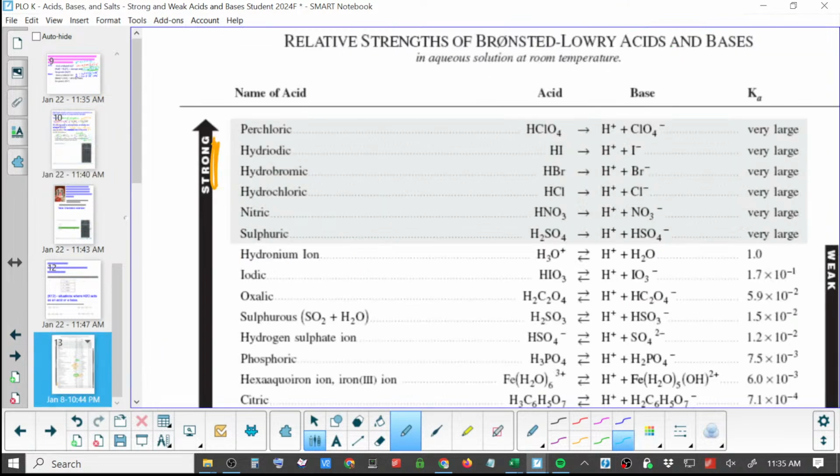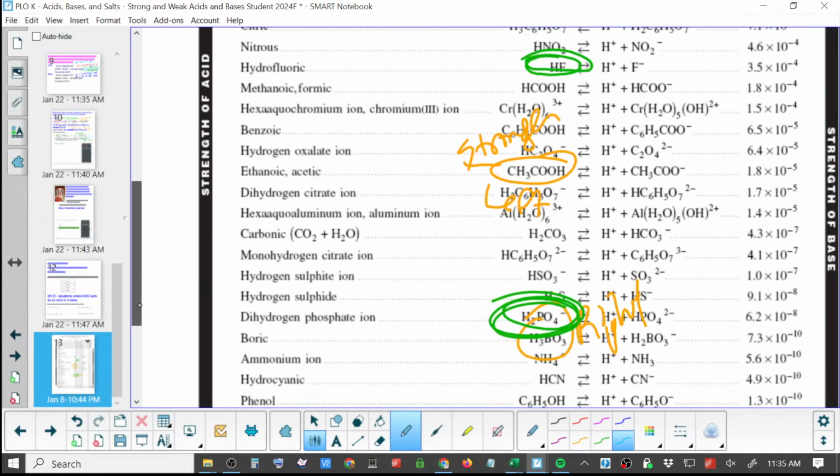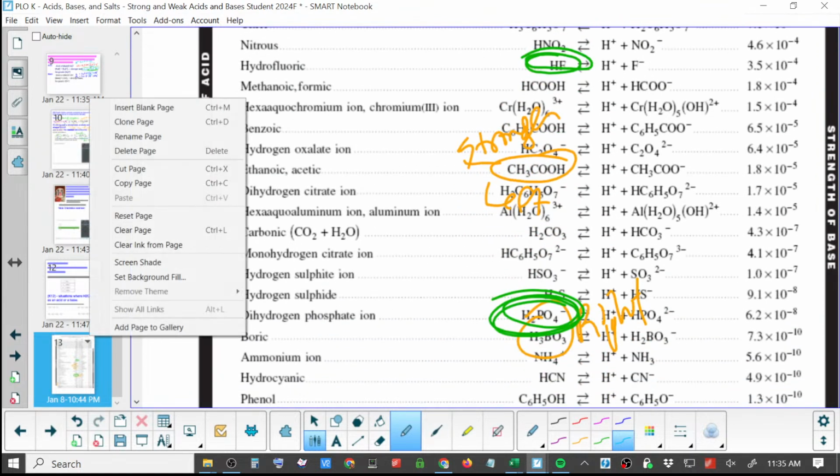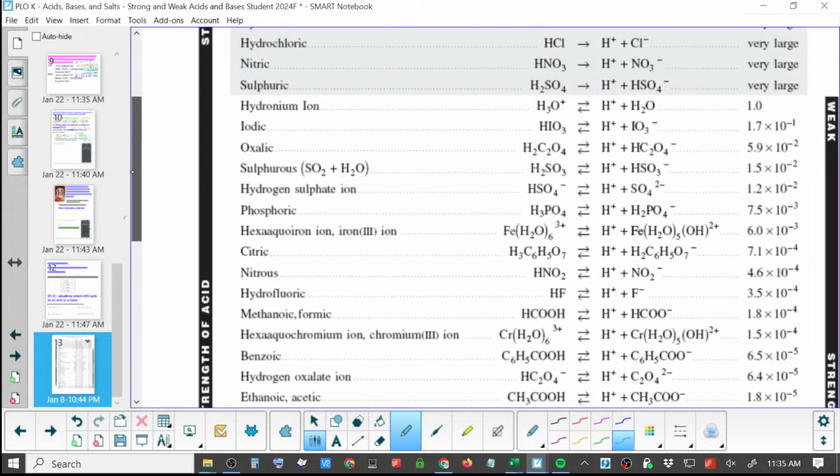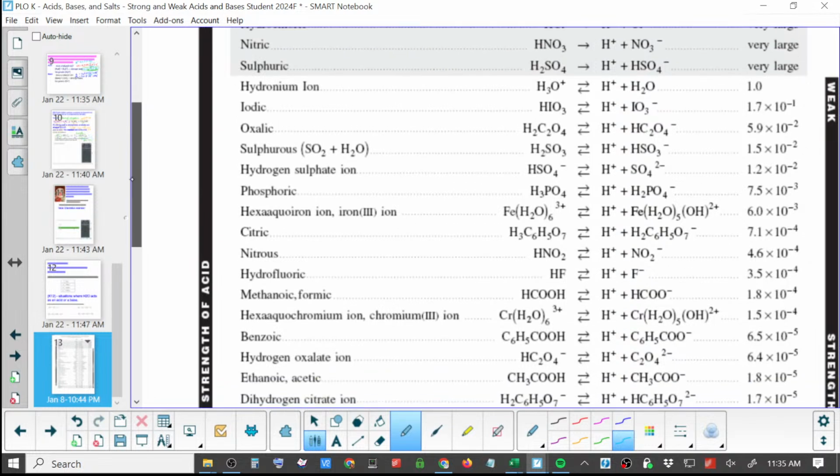HNO2 is... that's gotta be a mistake. Where's HNO2? Right above HF. Nitrous. They're next to each other. Oh, okay, there.